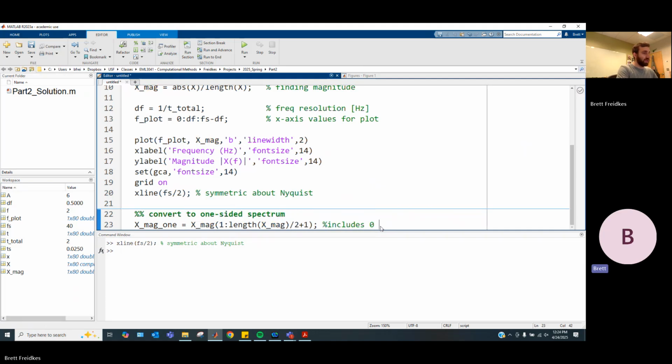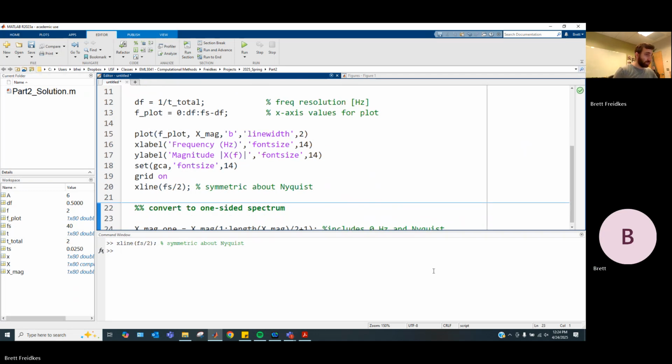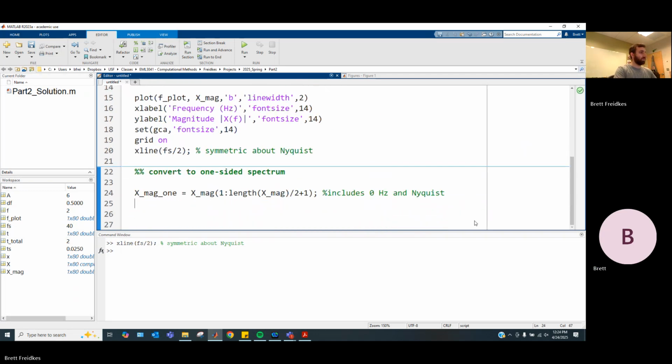This includes 0 hertz and the Nyquist. I would also like to double that to ensure correct amplitude, so we account for the negative frequencies. And then I'm going to say that the first element in there, which is the 0 hertz one, we have to have that be the original value, since it's 0 hertz.